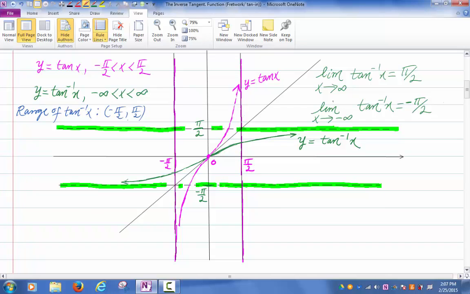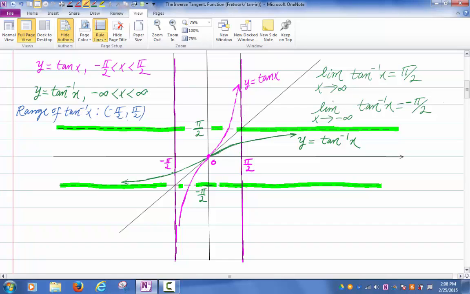It is the inverse of the tangent function, so can I come up with the graph? Well, yes. First of all, look at the graph of tangent. It has a vertical asymptote at negative pi over 2 and positive pi over 2. Now, because tangent has a vertical asymptote at pi over 2, inverse tangent will have what kind of asymptote?